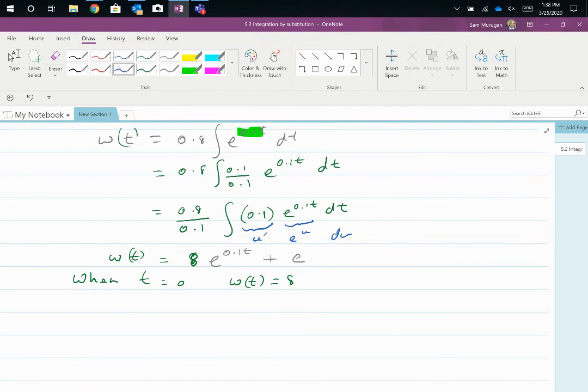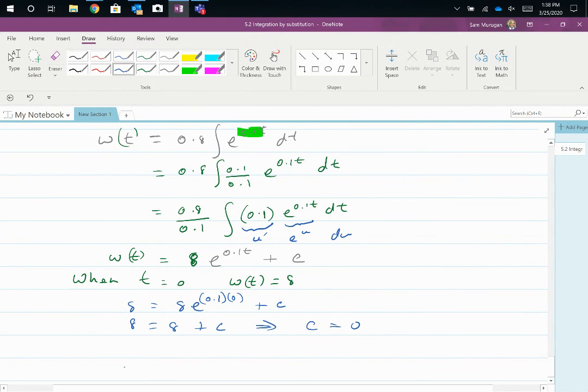So making that substitution, because we have to compute C, 8 is equal to 8 e to the power 0.1 times 0 plus C. So anything to the power 0 is 1, so 8 is equal to 8 plus C, so C is equal to 0.